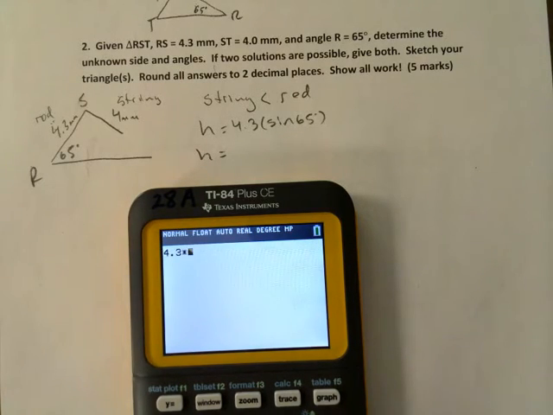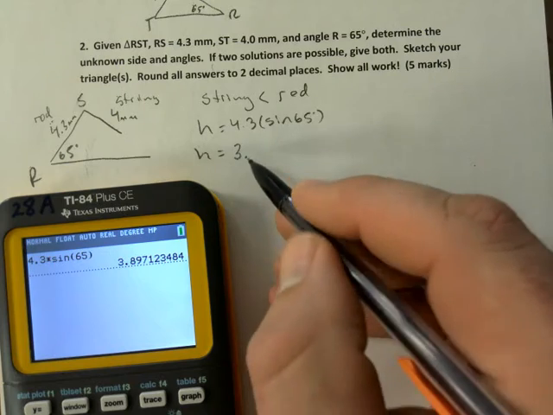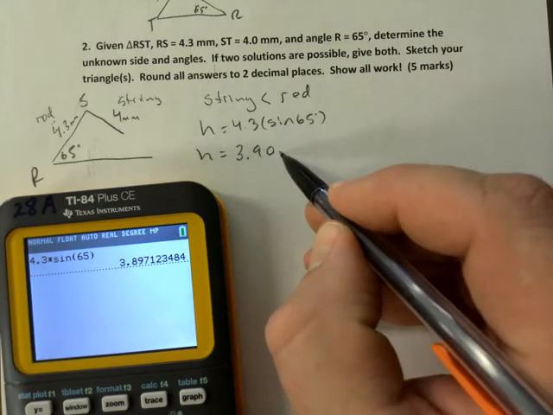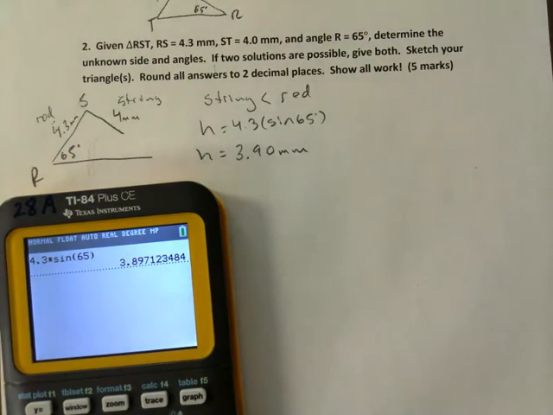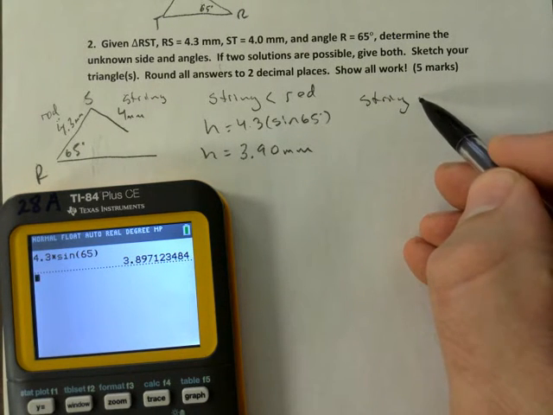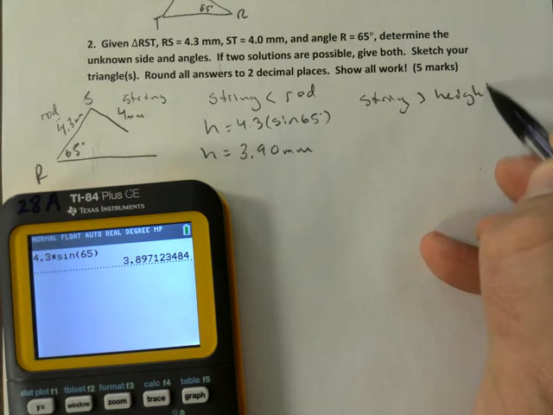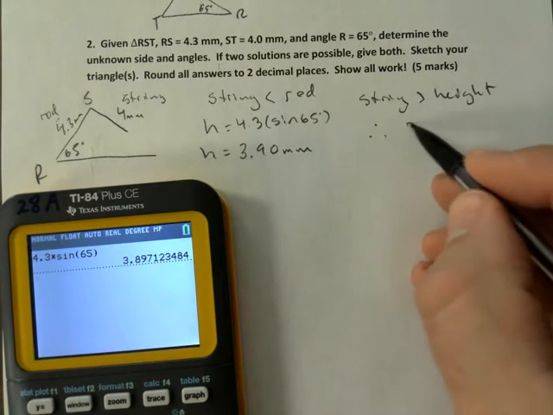So 4.3 times sine of 65. I won't do that on that test, okay? So you don't need to like panic right now. Oh my goodness, this is so complicated, right? Just focus on what we're doing here. And then the string is longer than the height, right? You conclude that. Therefore, 2 solutions.